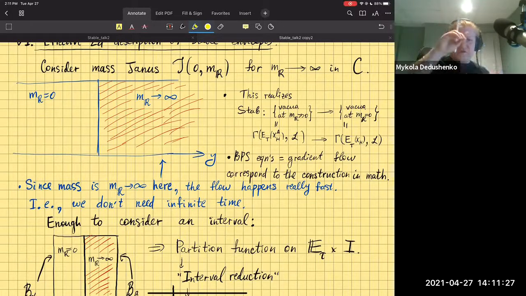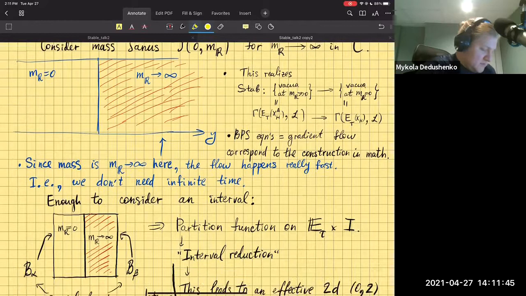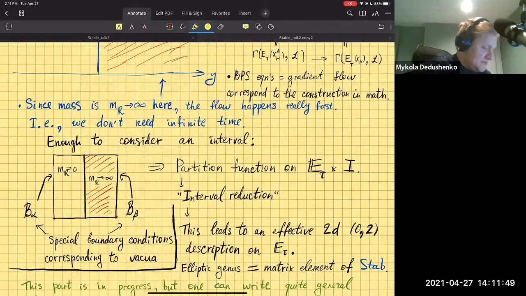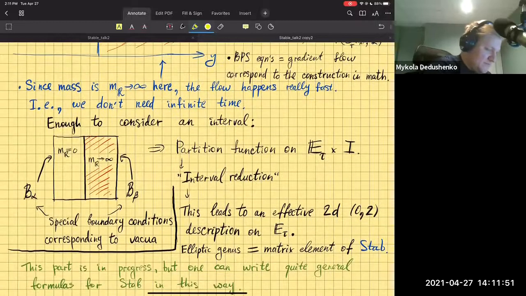You're going from one point to the next, and if there is the possibility of a next flow, you can go to the next point, and so there's this sequence of jumps. So in this case, we don't really need infinite time; it's enough to consider an interval. So the setting is as follows. There's this slab.